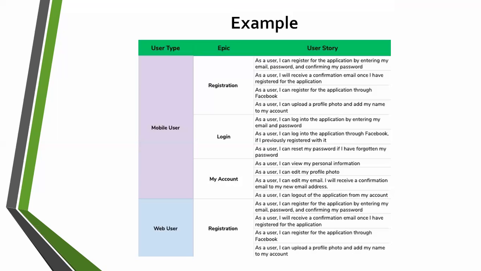As a user, I can register. And at the end of the day, what is the end perspective? By entering my email, password, and confirming the password, I can register into the application. This is the template. Does this make sense?